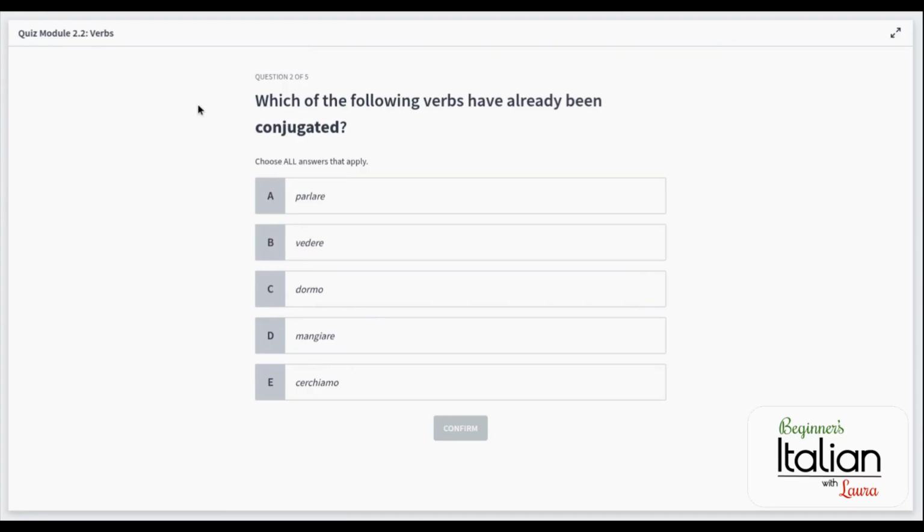Number 2, which of the following verbs have already been conjugated? Choose all answers that apply. A. Parlare, B. Vedere, C. Dormo, D. Mangiare, or E. Cerchiamo.